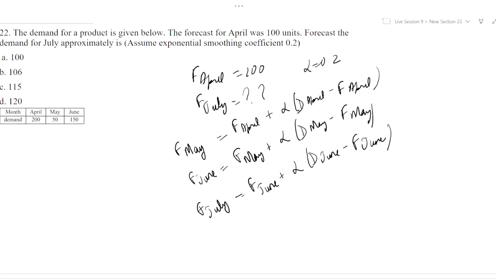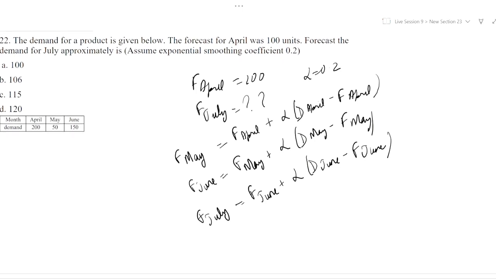Okay, with this, after solving, you will find out your final answer. I'll just solve it quickly so that it will be clear. This will be 100 plus 0.2 into 100. This will be 120. Then 120 plus 0.2 into 50 minus 120.